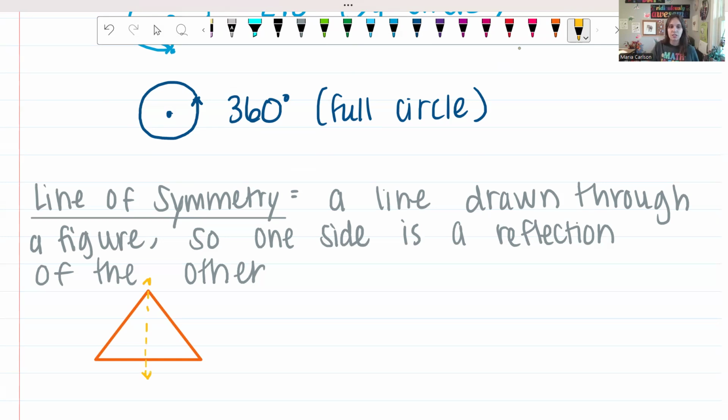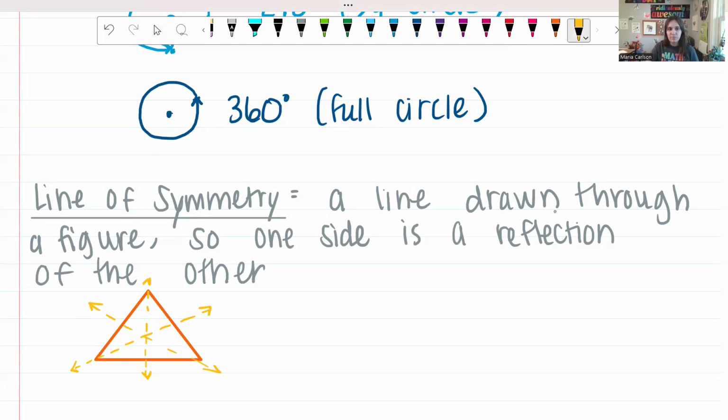It's a mirror image on either side. And I could do that through this point as well, and through this one. These are our lines of symmetry.